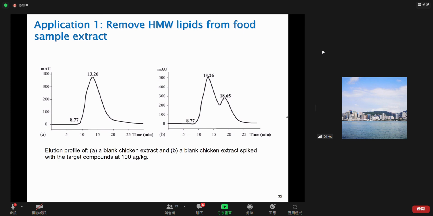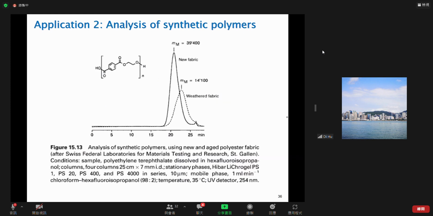Depending on size, we can exclude the lipids. This one is the analysis of synthetic polymer molecular weight, because each one wants to monitor the aging of the polymer.